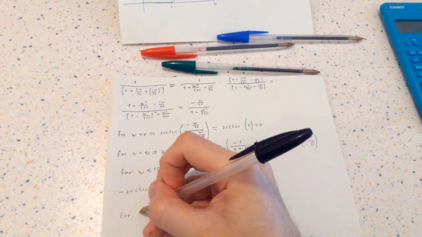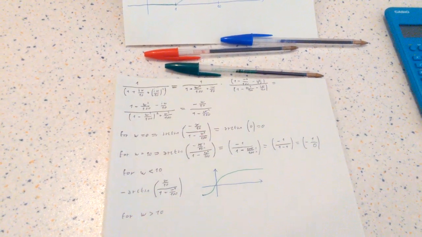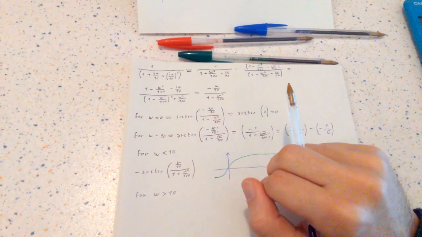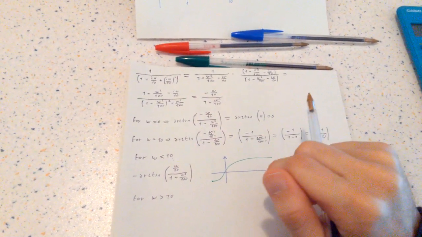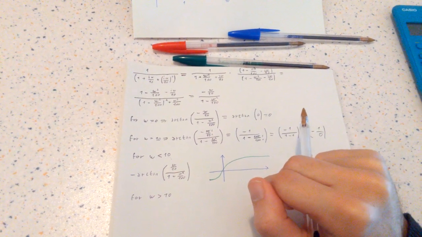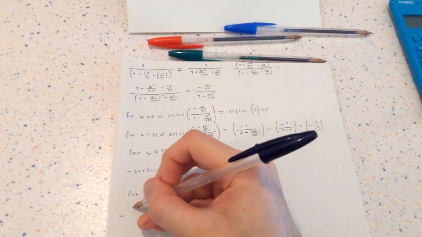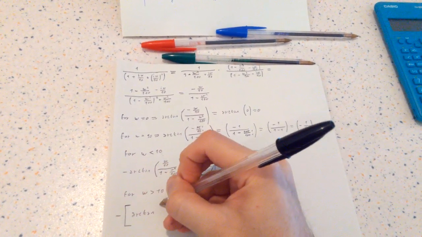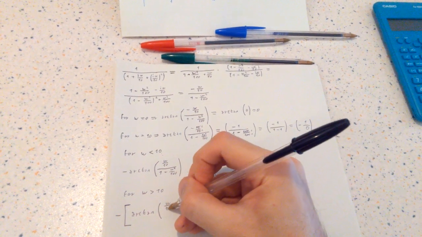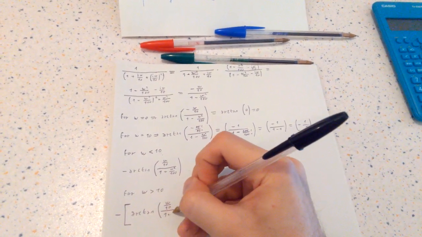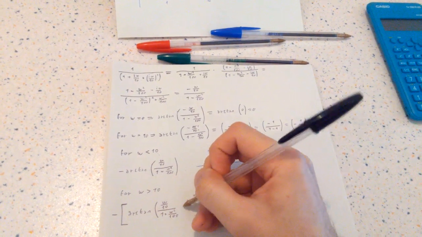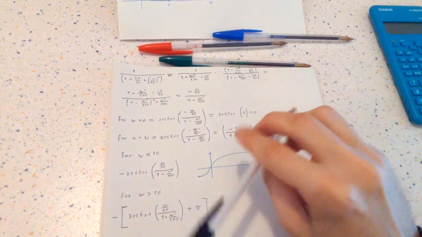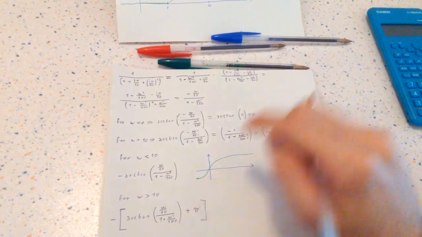Now, for omega greater than 10 though, the function is gonna jump and it's gonna reach pi. So essentially what we have would be the negative in front of everything of the arctangent of omega over 10 over 1 plus omega squared over 100, and we're gonna add a pi at the very end.